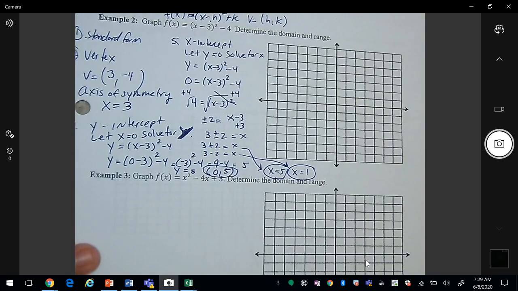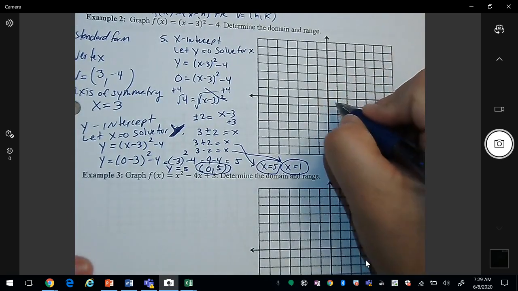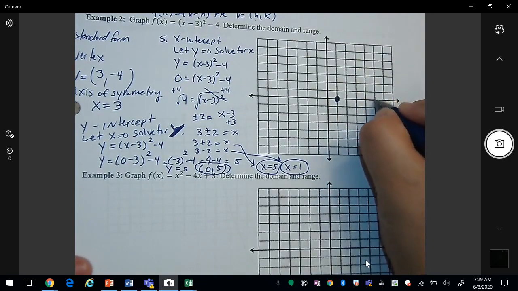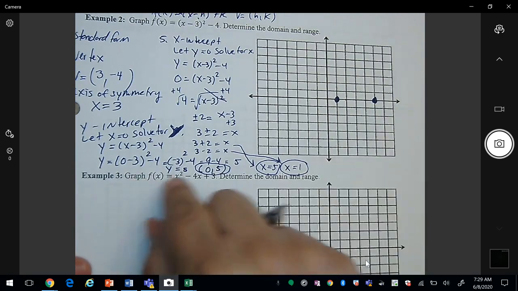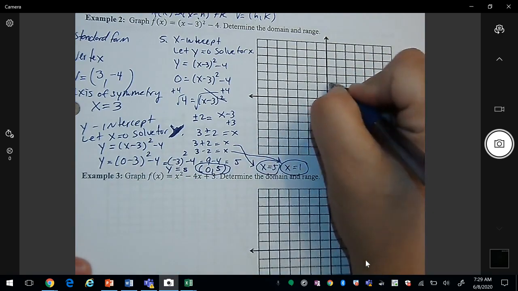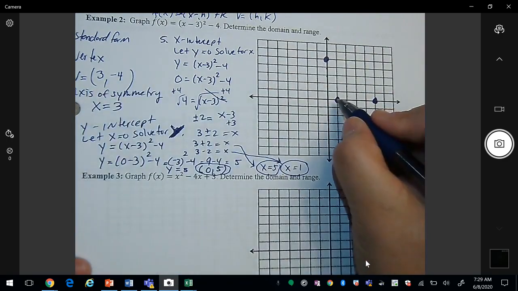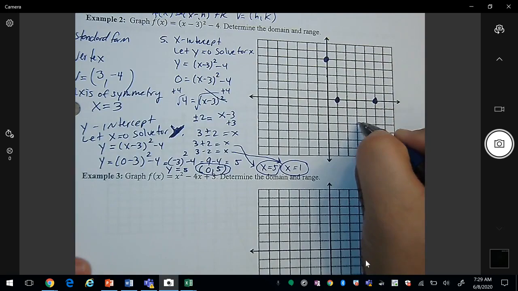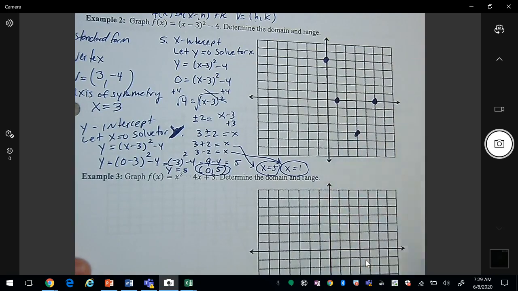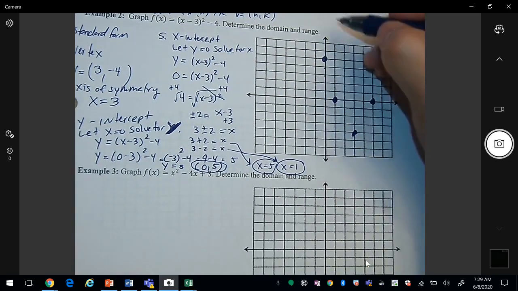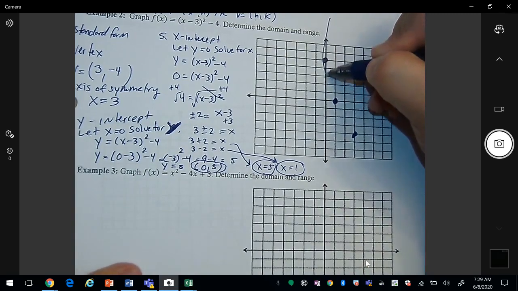Once we have this information, we can plot it. So x is equal to 1 is right here. 2, 3, 4, 5 is right here. Your y-intercept is 0, 5. Your vertex is 3, -4. Okay, so then we can sketch the graph.